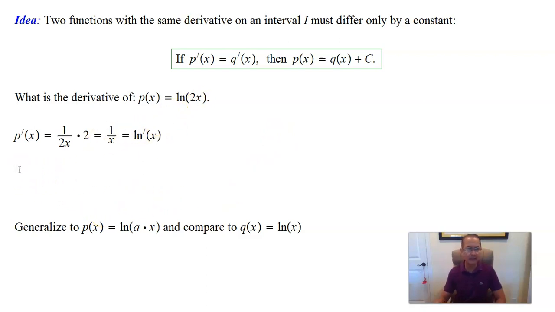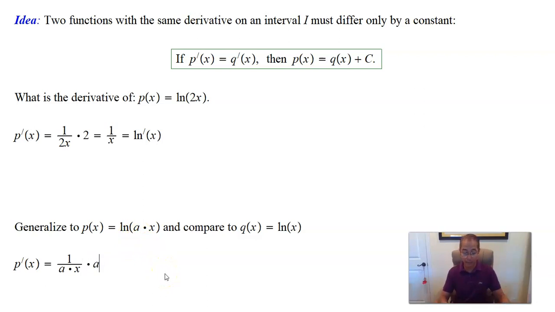It doesn't take much to see that this will also work if the 2 is replaced by any positive number. For this definition, p prime of x will be 1 over a times x instead of 2x. Then we multiply our answer by the derivative of a times x, which is a.